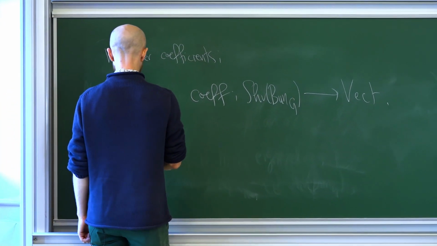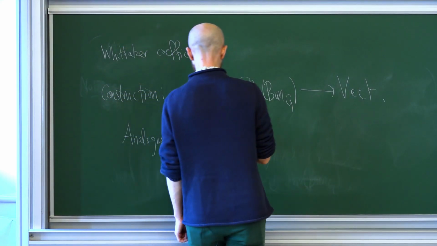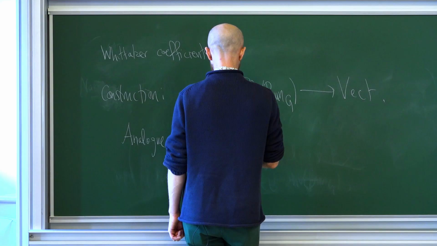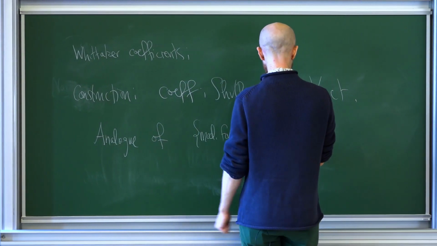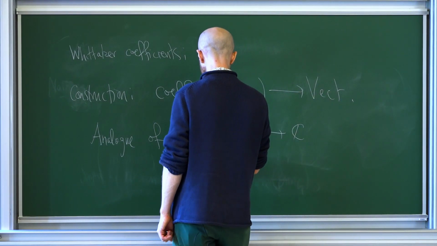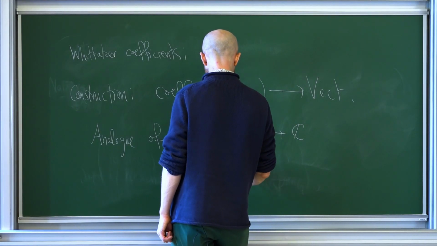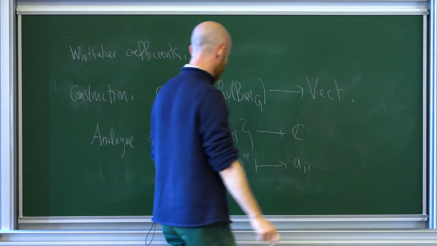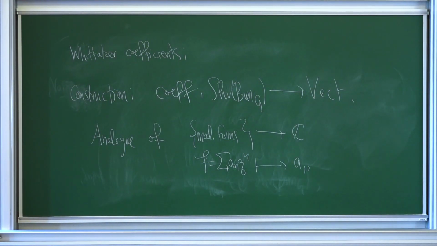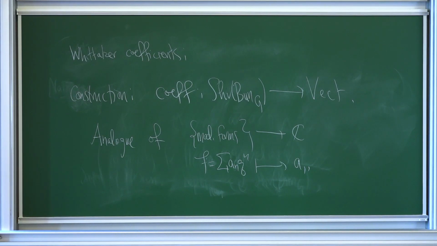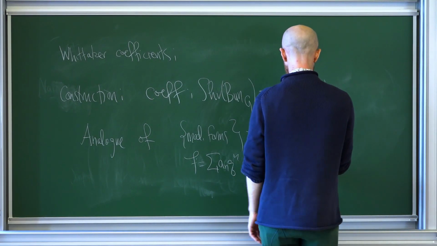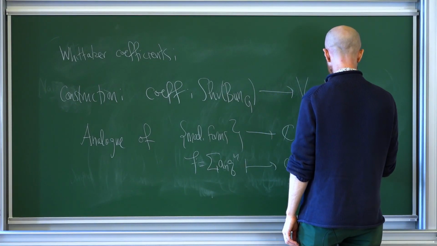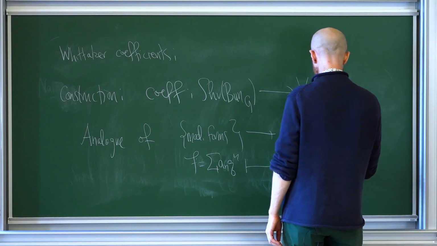And what you should think is that this is the analog of the map from holomorphic modular forms to C, sending some f, which is maybe a sum of a_n q to the n, to its first Fourier coefficient, which itself is some kind of integral of f of tau e to the minus 2 pi i tau from 0 to 1.